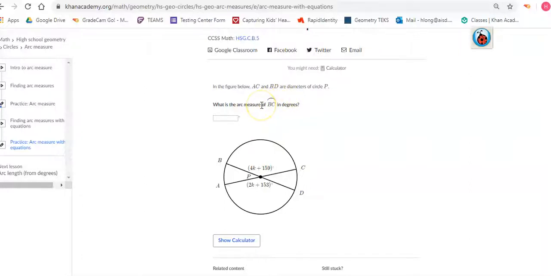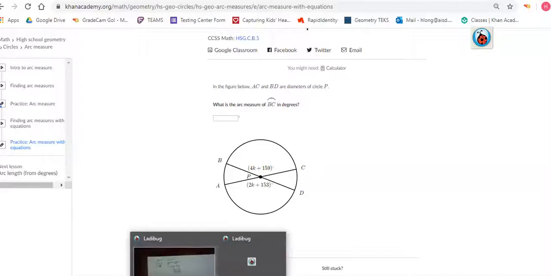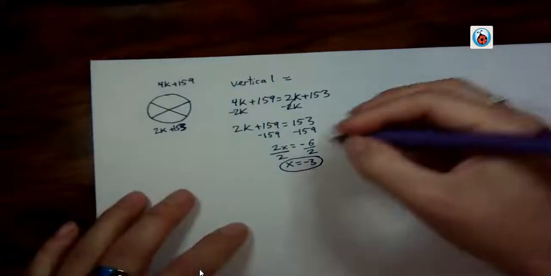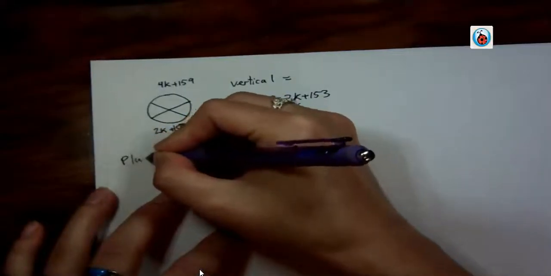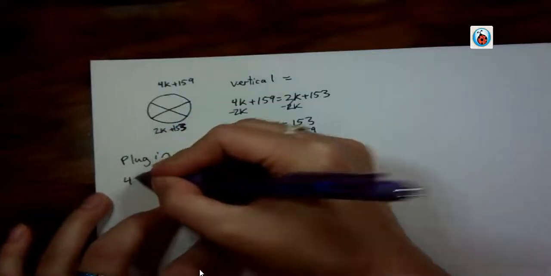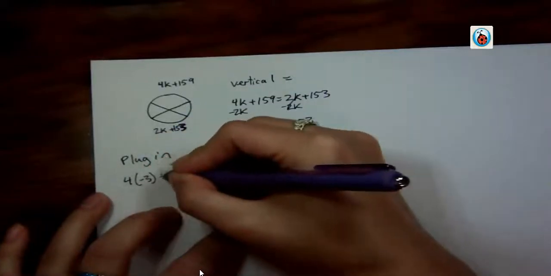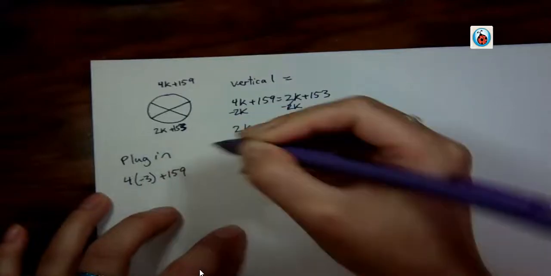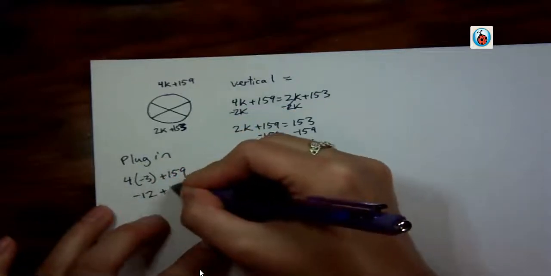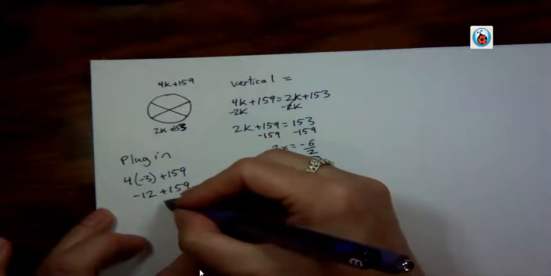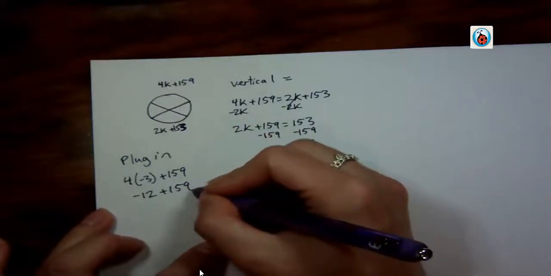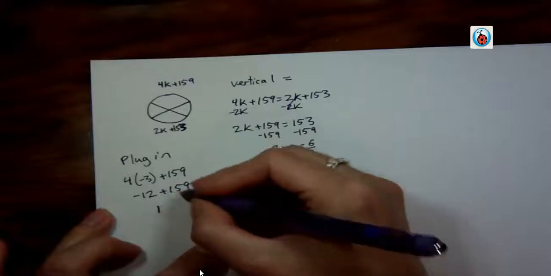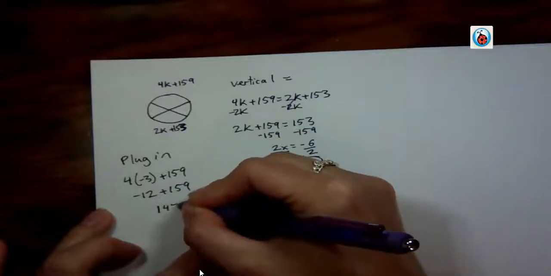But that's not what it asked me for. It asks me what the arc measure of BC is. So I come back and look at BC, and I have to plug it back in. Now I have 4 times negative 3 plus 159, which gives me negative 12 plus 159, which gives me 159 minus 12, which is 147.